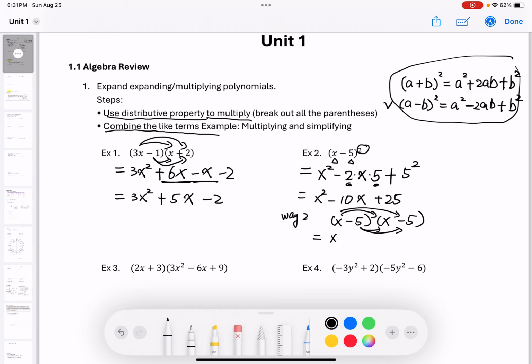We have x squared minus 5x minus 5x, and then last we have negative 5 times negative 5, which is positive 25. Then we have x squared minus 10x plus 25. We have the same solution here and here. So you can choose either way, and you have the same solution.